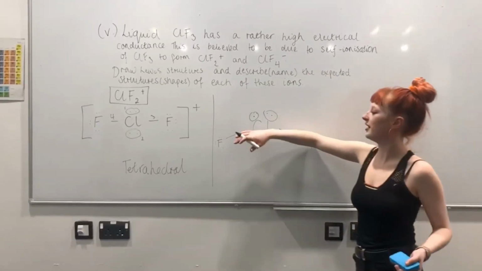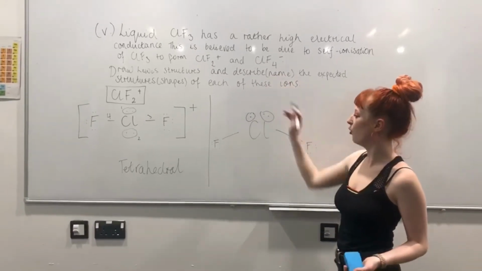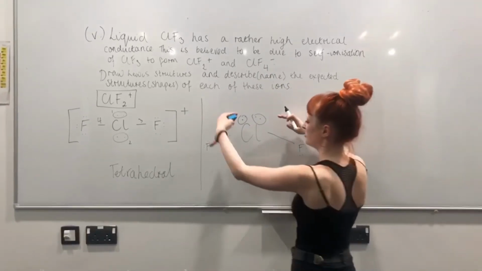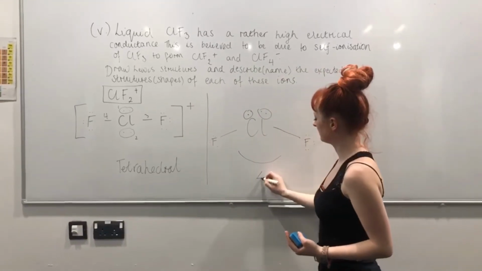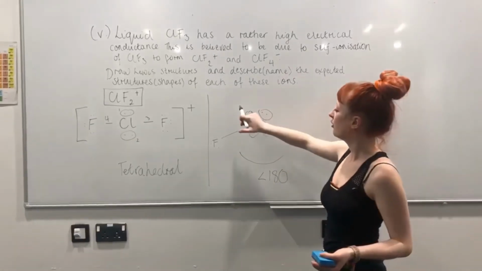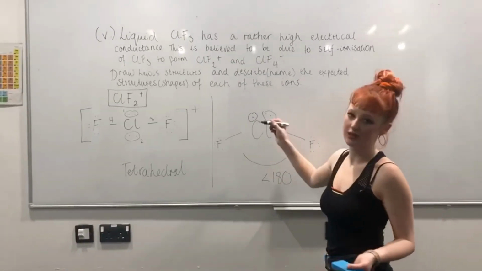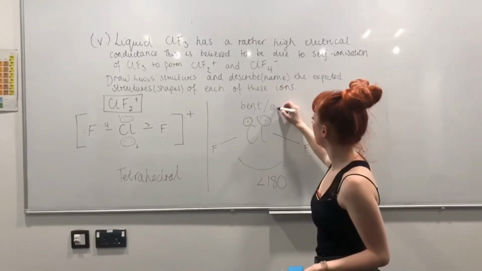And the angle here is almost 180, but because the lone pairs repel more than the bonding pairs, it pushes them down a little bit, and so this angle is less than 180. And the name of the shape is not linear, it's bent or angular.